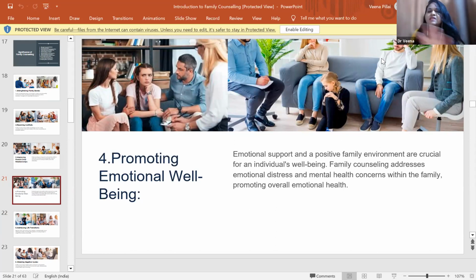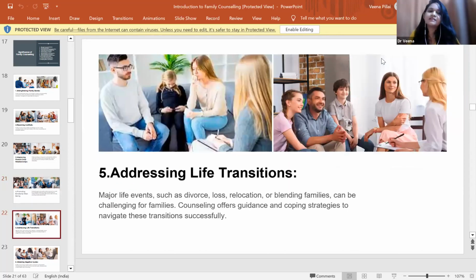So when there is peace and harmony at home, you are at ease to focus on your work, your progress, your growth. So family counseling addresses emotional distress or any mental health concerns within the family, and it promotes overall emotional health.